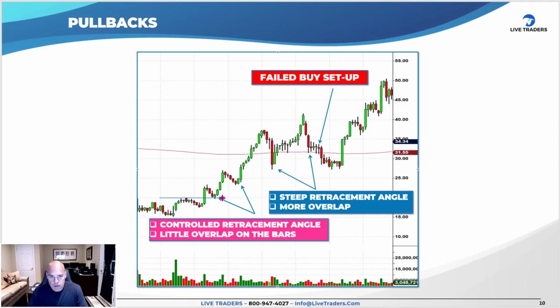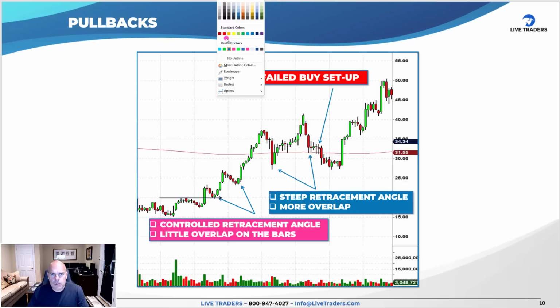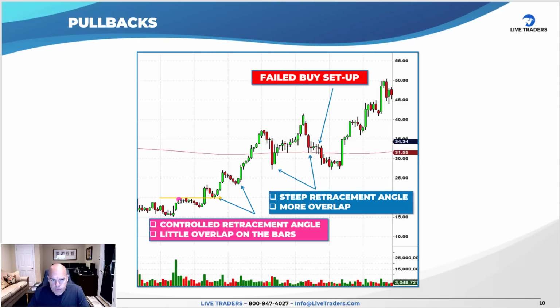Let's make it orange. Where's our pullback happening? Right there. Beautiful. Even this last one, even though it's not perfect, actually pulls back to support.